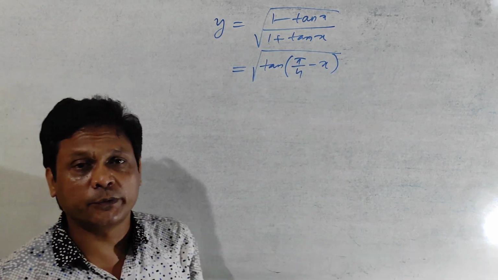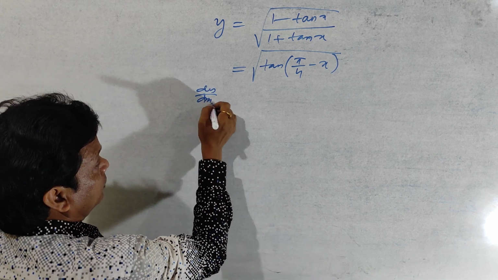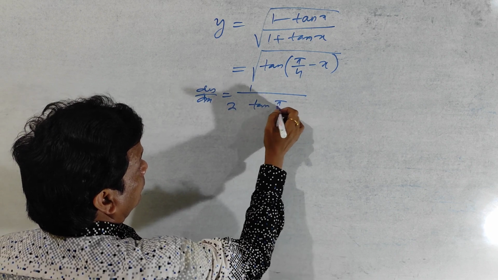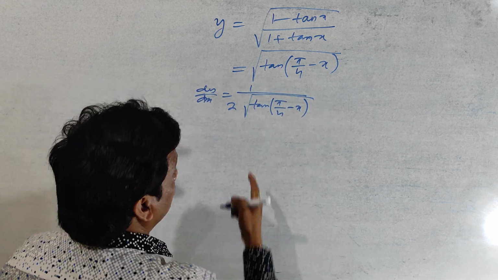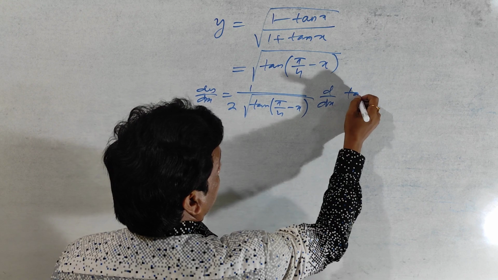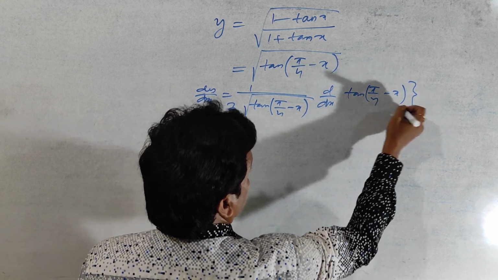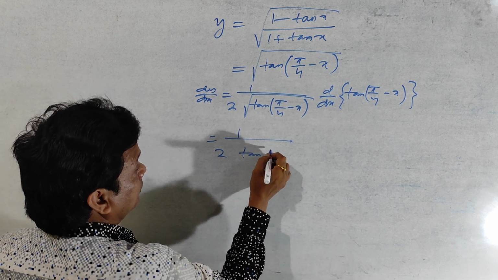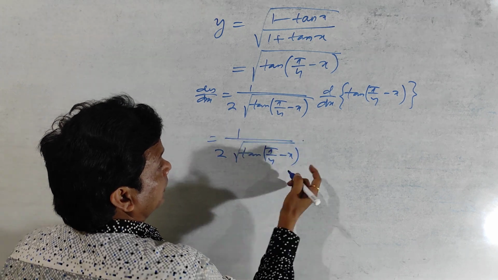It is in the formula root over of u. See here, dy by dx is equal to 1 by 2 root u into derivative of u, tan pi by 4 minus x. 1 by 2 into root over of tan pi by 4 minus x, into derivative of tan u.